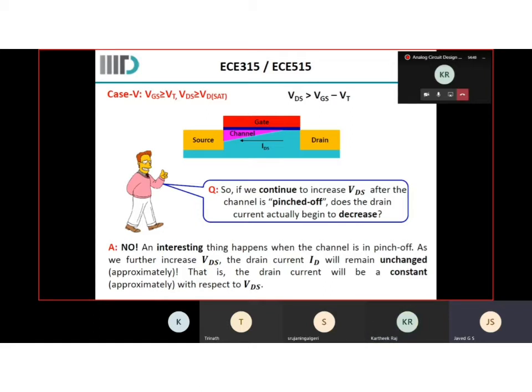The reasoning is fairly simple, exactly what you said. When the charges are going to the source, consider the difference of potential that is applied. Suppose you apply a higher voltage potential at the drain.